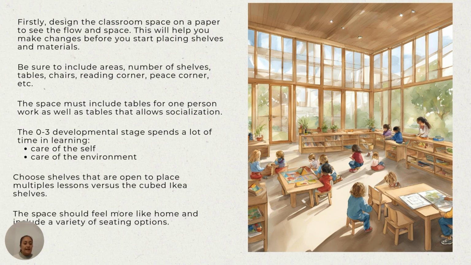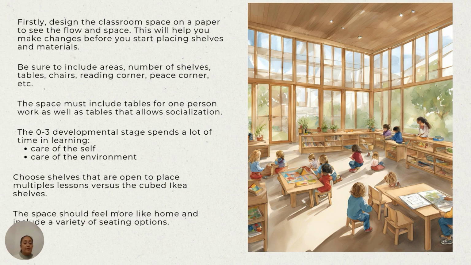Another exercise that I did during my residency was creating a classroom environment on paper. So, take a look at the classroom you have and draw it out on a paper. And look at the flow. Where's the reading corner? Where's the peace corner? Where do you do the circle time?